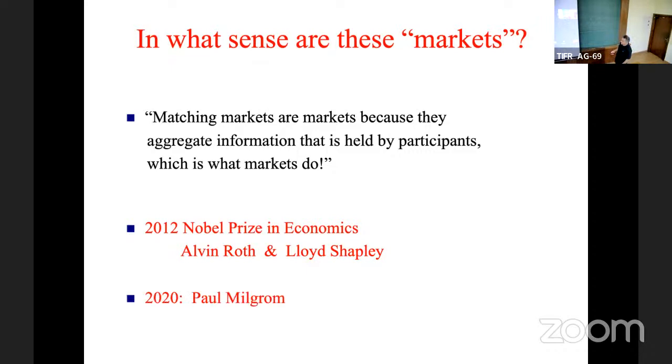And last year, Paul Milgrom got a Nobel for other work, spectrum auctions. But one of his very influential works, which is given in that citation, is on matching markets. So this matching-based market design has been celebrated within economics.